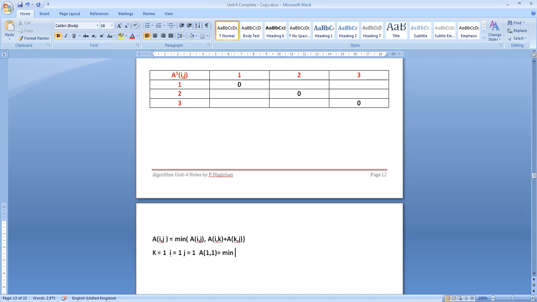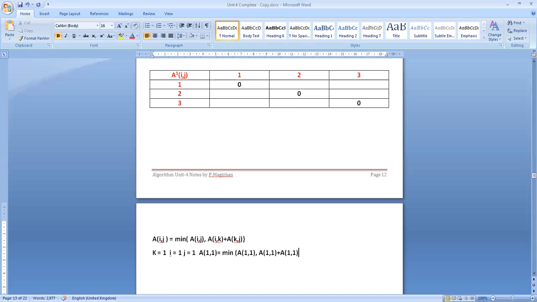A of 1 comma 1 is equal to minimum of A of 1 comma 1, because the value of I is equal to 1 and j is equal to 1, comma A of I comma k, where I is equal to 1 and k is equal to 1, plus A of k comma j, where k is equal to 1 and j is equal to 1.